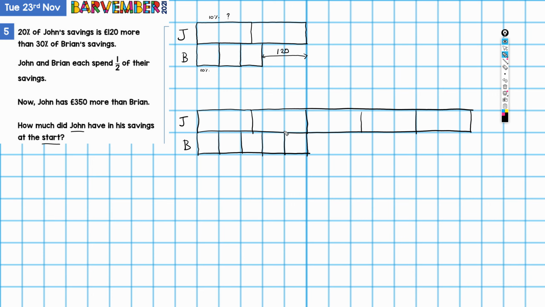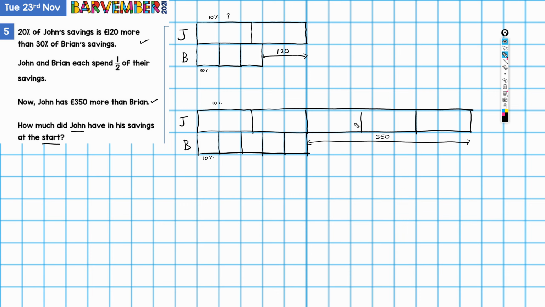Because these are arbitrarily sized, the fact that this meets this doesn't mean anything. And you have to watch out for things like that when you actually don't know the relative size of different parts. So, but we do know the difference here, and that is 350. And again, this is 10%, and again, this is 10%. Okay, so we've represented that, and here we've represented that.